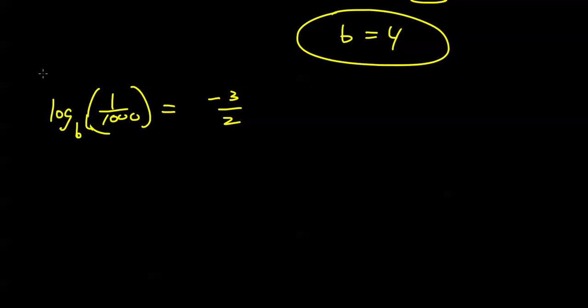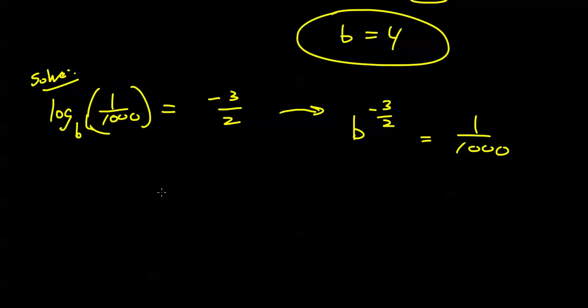Let's solve this equation. I claim b to the minus 3/2 equals 1/1000. I'm hoping we can recognize 1/1000 as a convenient power of 10, is it not? 1/1000 is 10 to the minus 3, is it not?